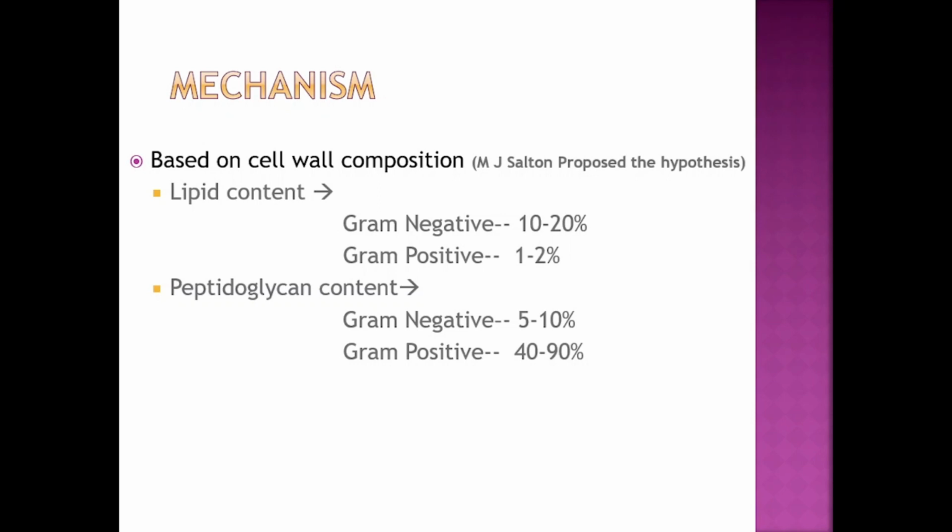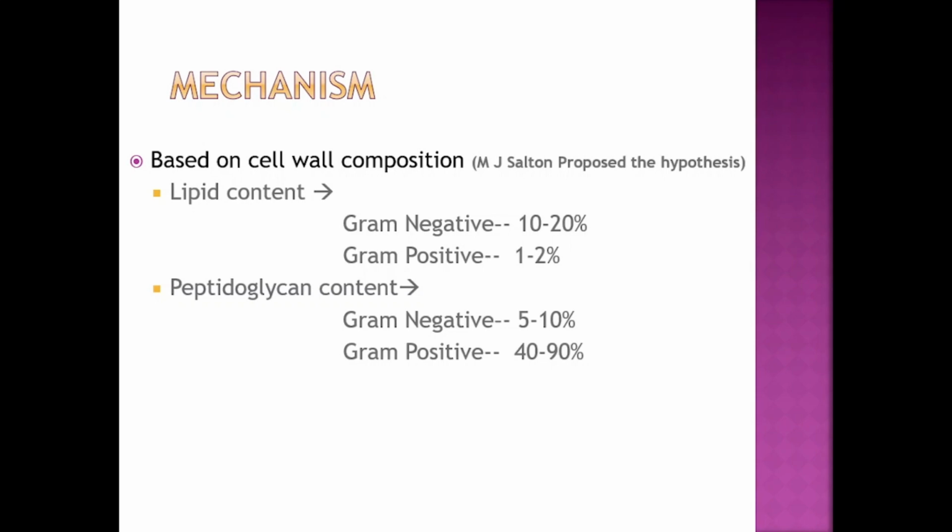M. J. Sultan proposed a hypothesis based on cell wall composition for the gram staining mechanism. It mainly depends on the lipid content and peptidoglycan content in the gram negative and gram positive cell walls.